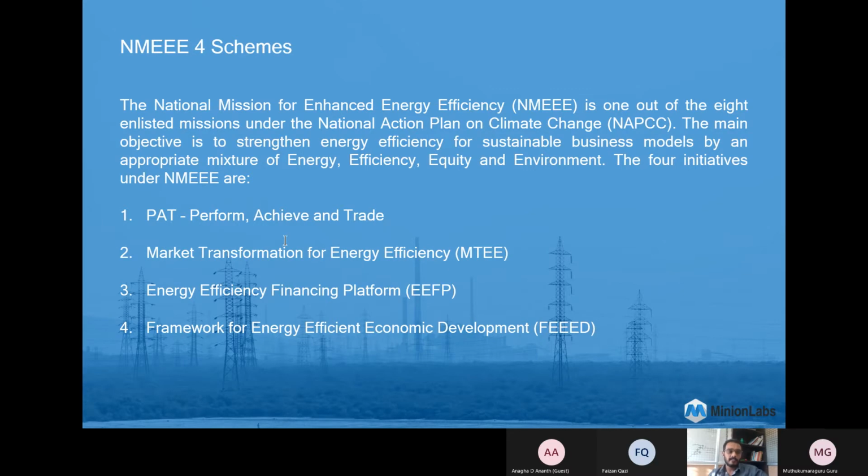Third, the Energy Efficiency Financing Platform, to assist finance for demand side management programs. Last, the fourth initiative is the Framework for Energy Efficient Economic Development, for the development of fiscal instruments for promotion of energy efficiency.